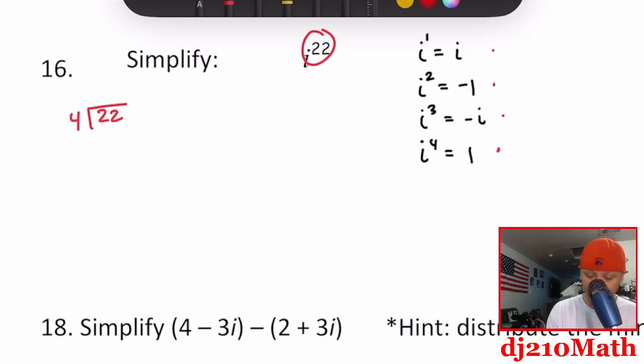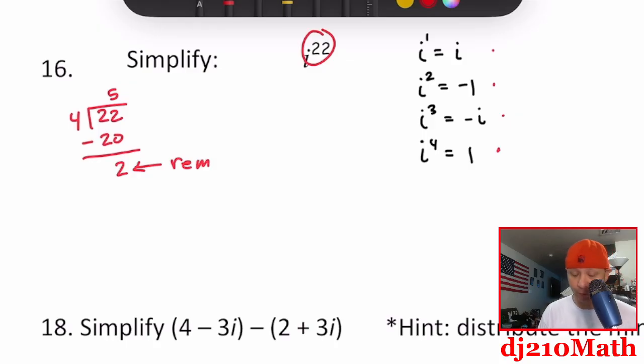So 4 goes into 22 5 times. 5 times 4 is 20. Subtract, 2. The remainder, right, because 4 doesn't go into 2 anymore.